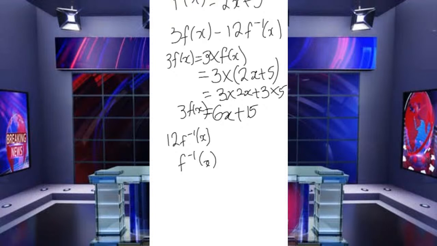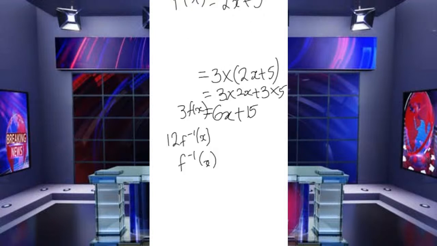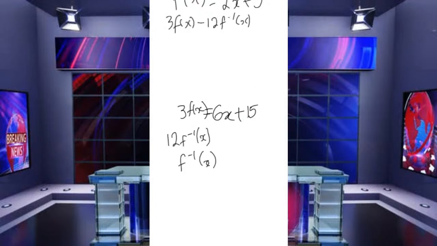So let me just clean this up while I write the actual answer up here. Don't forget what we want to prove is 3f of x minus 12f inverse of x. We want to show that it is going to give us an integer as the answer. So we've gotten 3f of x to be 6x plus 15.